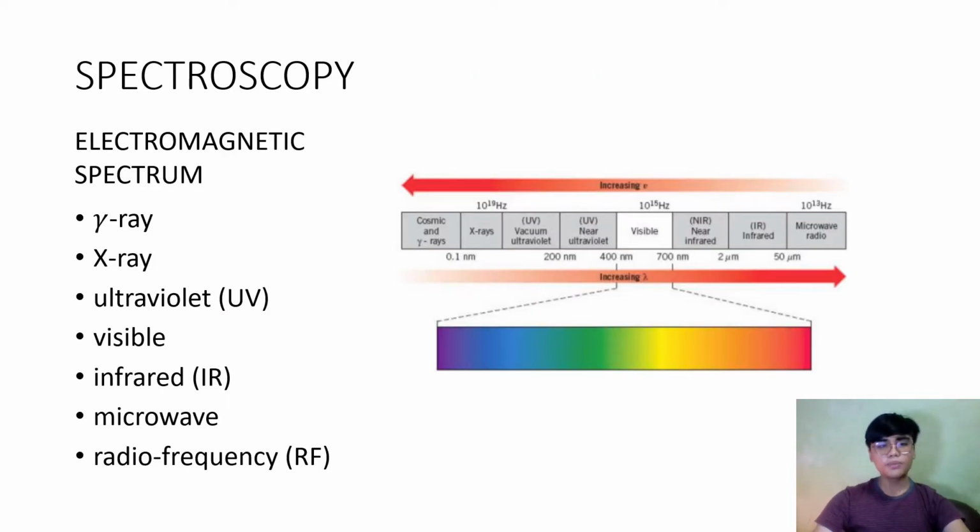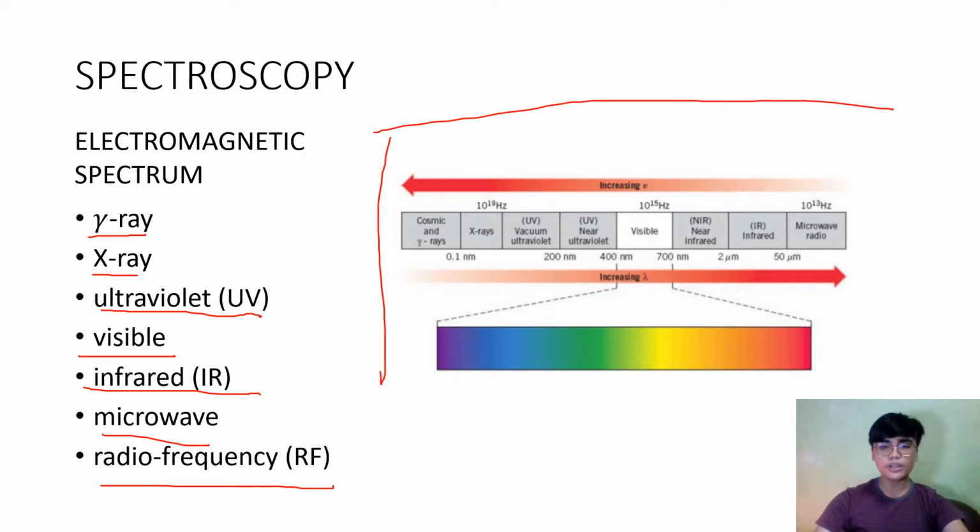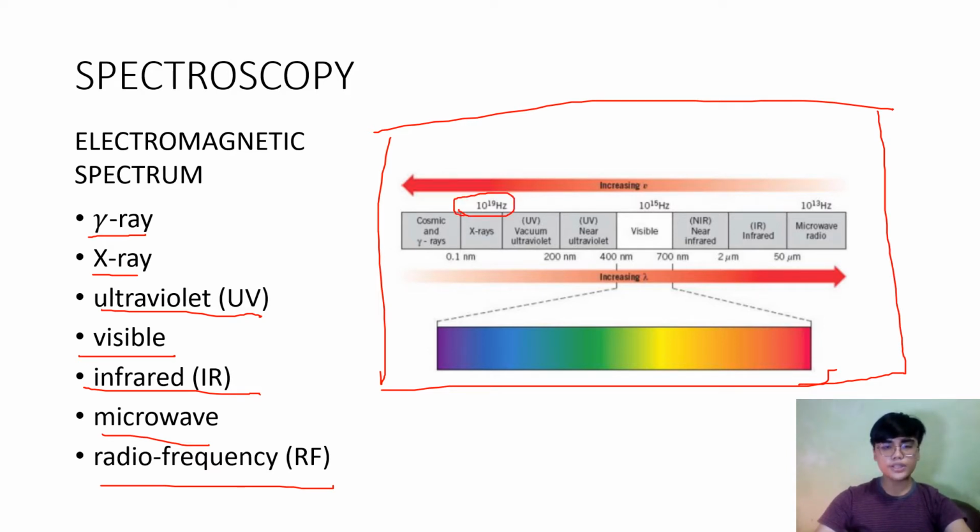The electromagnetic spectrum consists of gamma ray, X-ray, ultraviolet, visible light, infrared radiation, microwave, and radio frequency. As you can see here, we have a chart of the electromagnetic spectrum that varies in frequency and wavelength.